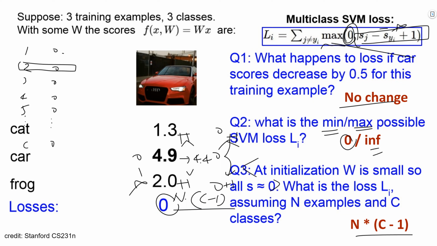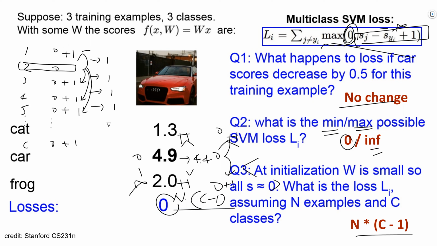And to do so, we need to add margins to other classes like this. And the difference between these two numbers is 1, and these two numbers is 1, and these two numbers is also 1.